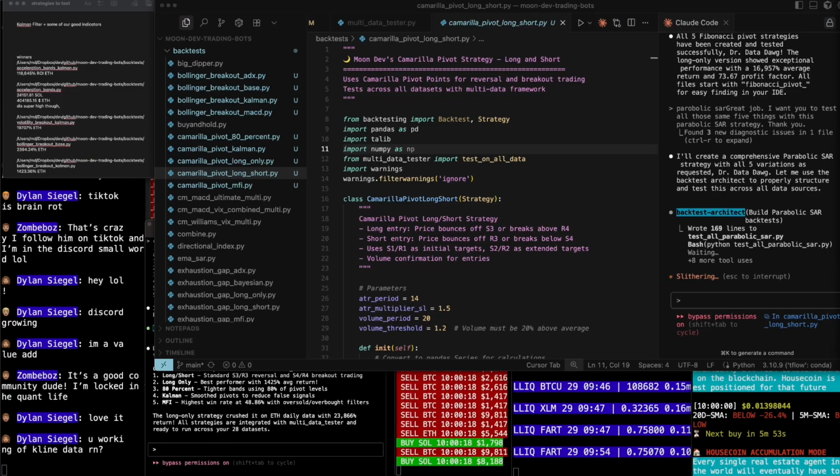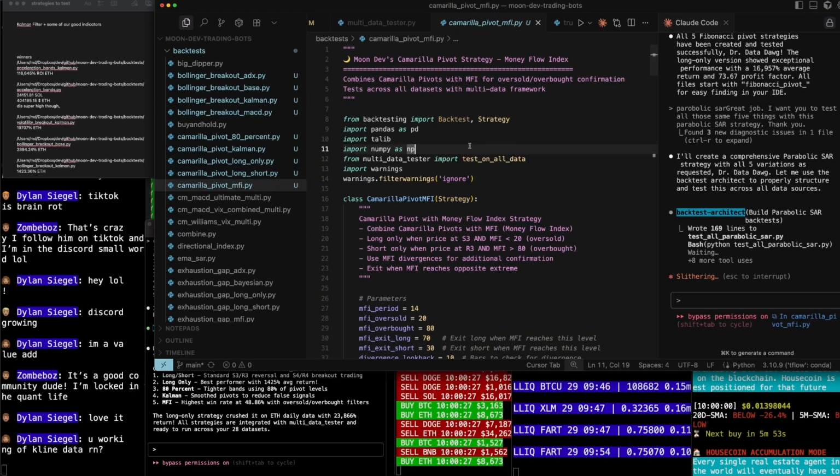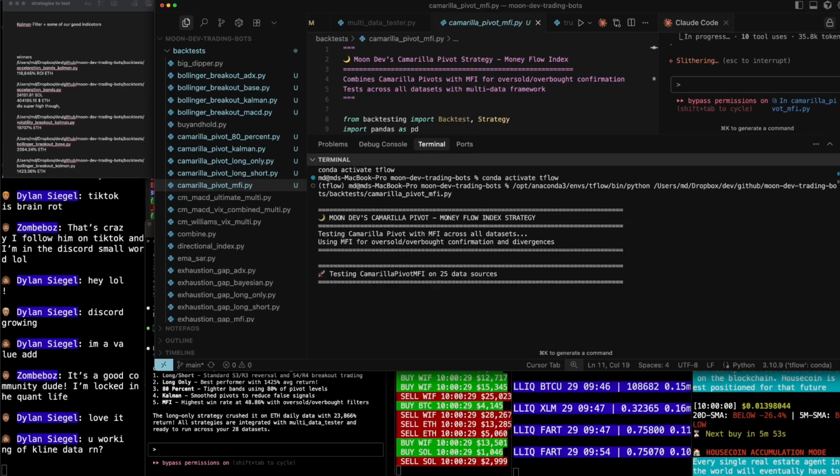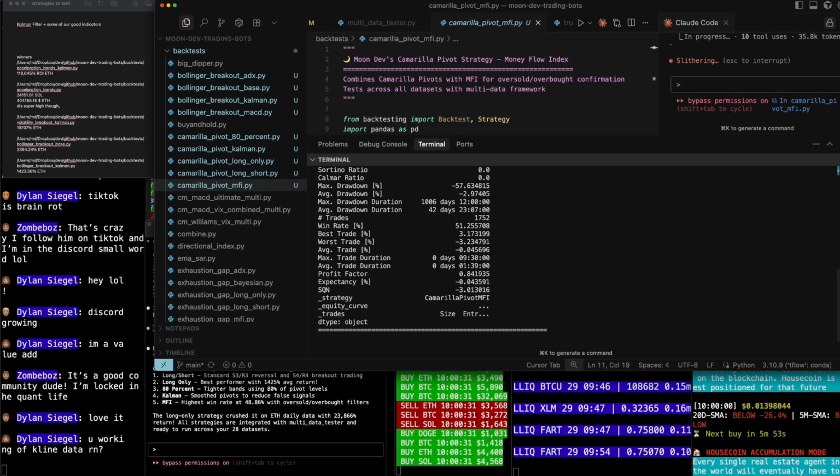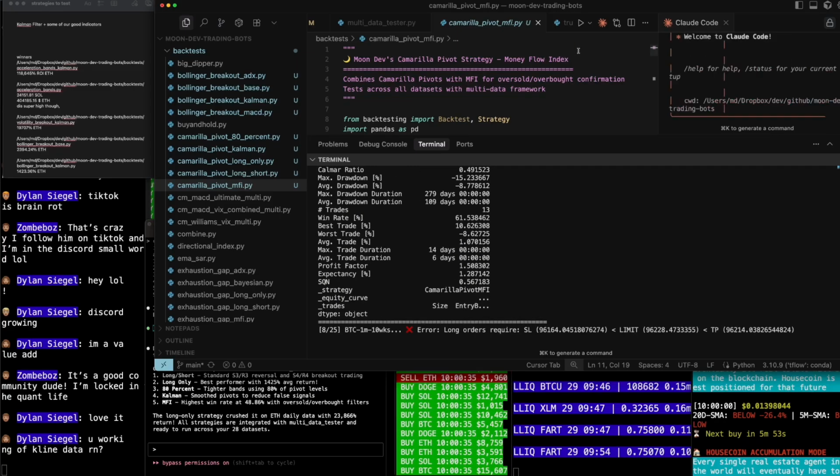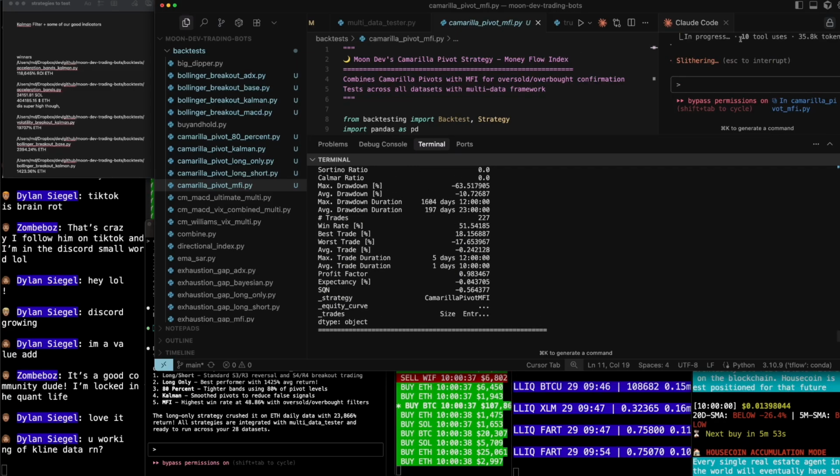K line data. It's an interesting name. What does that even mean? I know it's open, high, low, close, volume data, but K line?